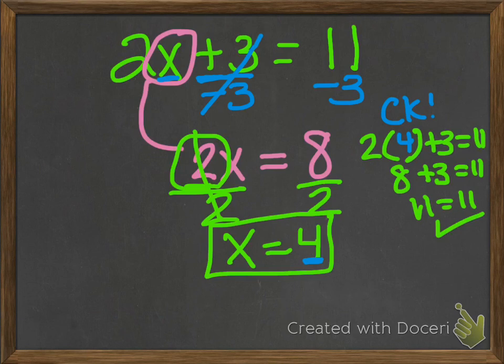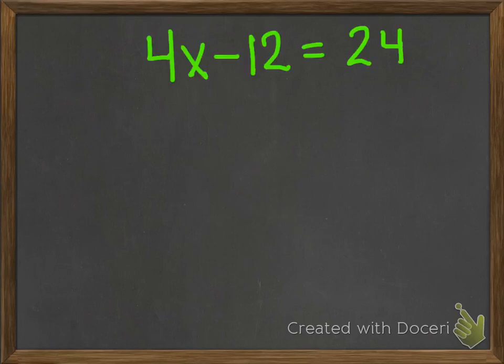Okay, let's try one more, and then I'm going to let you work on some. Let's see, what if we have 4x minus 12 equals 24. Alright, so we're going to start off with our adding and subtracting first.